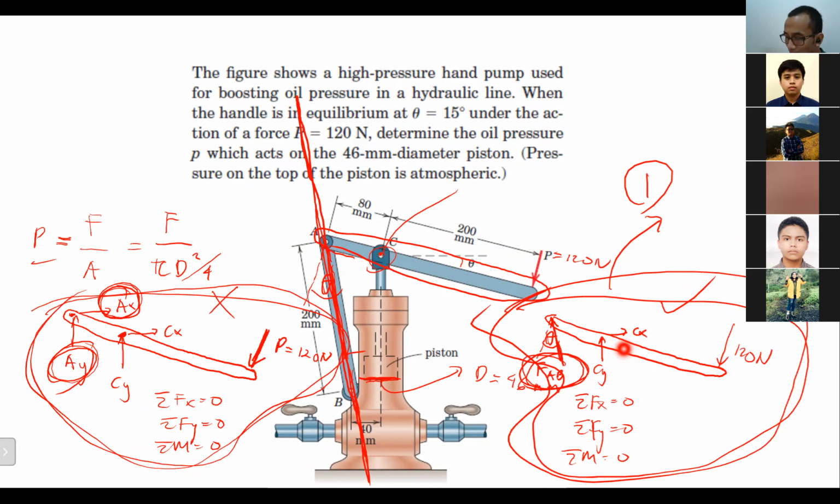We do not need to put it as AX, AY like this, because we will add an unknown that is not supposed to be there. So the correct free-body diagram is like this.